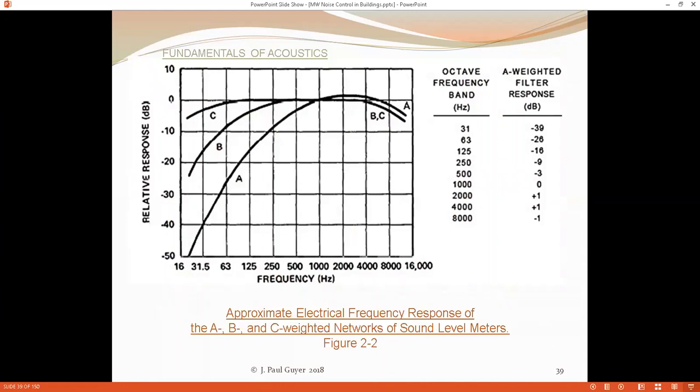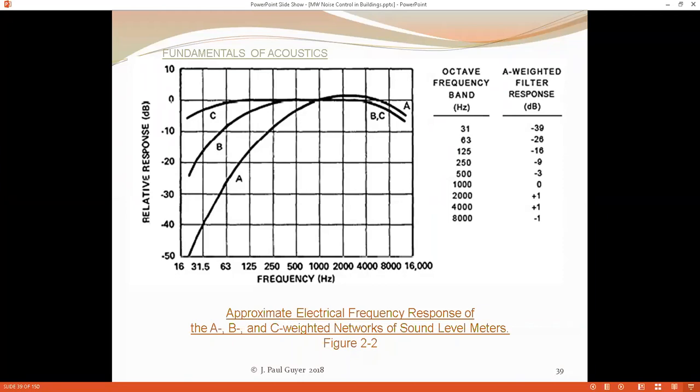One is labeled ABC. And what that does is it filters out a certain percentage of the sound at certain frequencies.